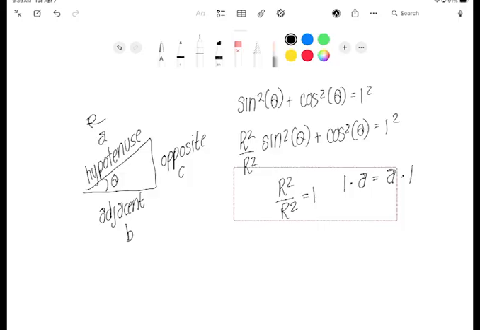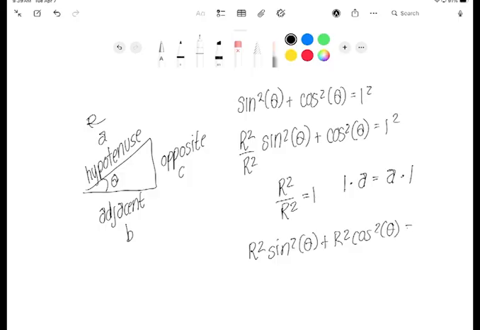And using the relationship that everything times 1 is equal to that same thing, in this case, what we can do is multiply the entire equation by r squared. So you have r squared sine squared theta plus r squared cosine squared theta equals r squared.